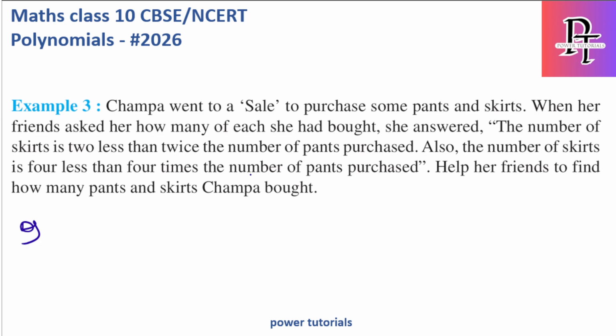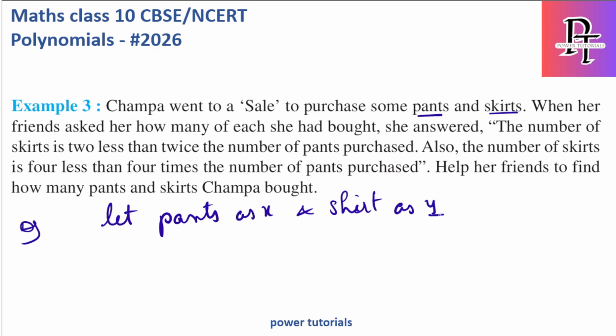Okay, so for this type of scenario, we understood that we have two variables, which are pants and skirts. So first we will write, let pants be x and skirts be y for your convenience. It's not mandatory that pants only should be x or skirts only should be y.